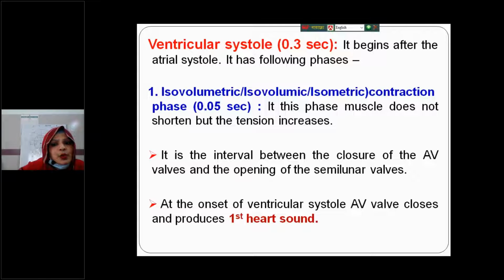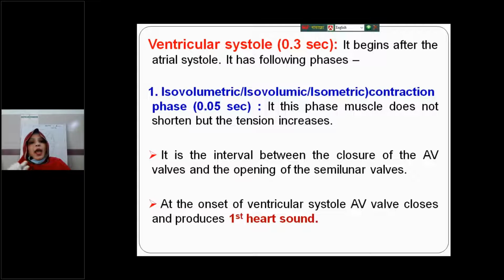The right ventricle pushes blood towards the pulmonary artery and the left ventricle pushes blood towards the aorta. So the semilunar valves, that is the pulmonary valve and aortic valve, must be open at that time, but the AV valve remains closed. So it is the interval between the closure of the AV valve and the opening of the semilunar valve.